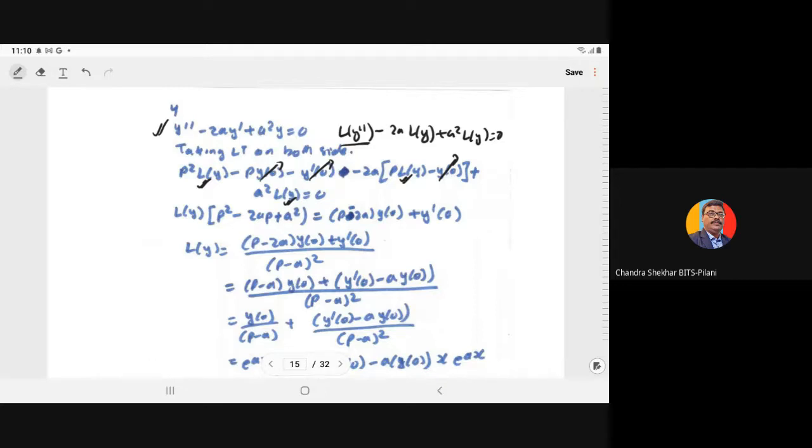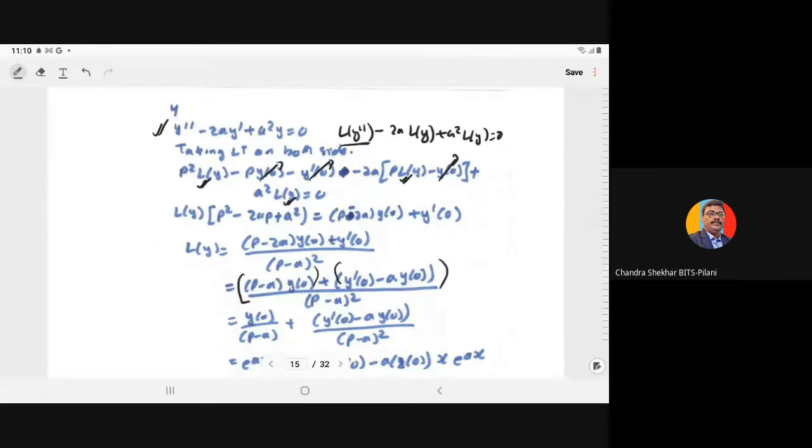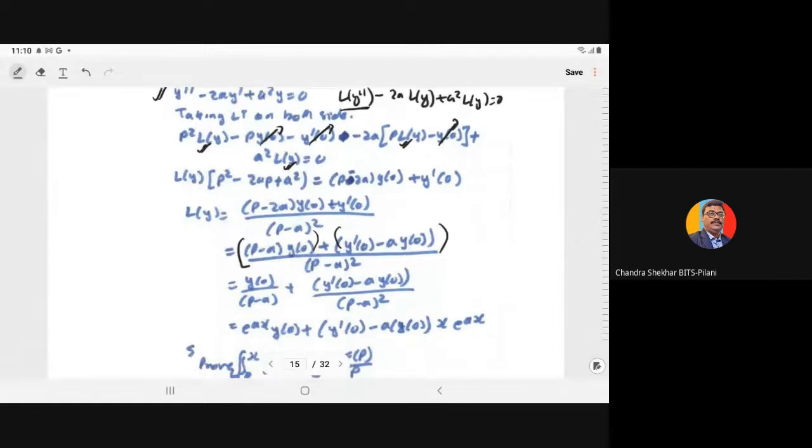So if you write in the denominator of both factors, this will give you y naught upon p minus a plus y dash minus a y naught upon p minus a whole square.